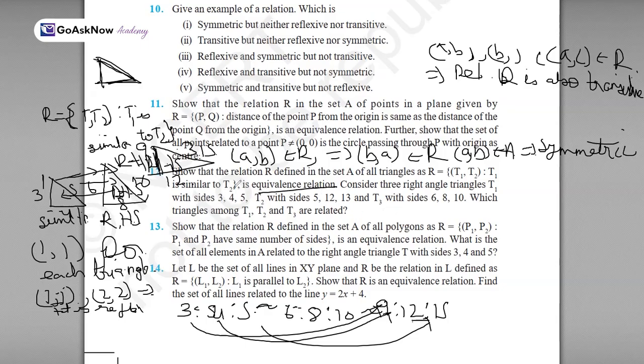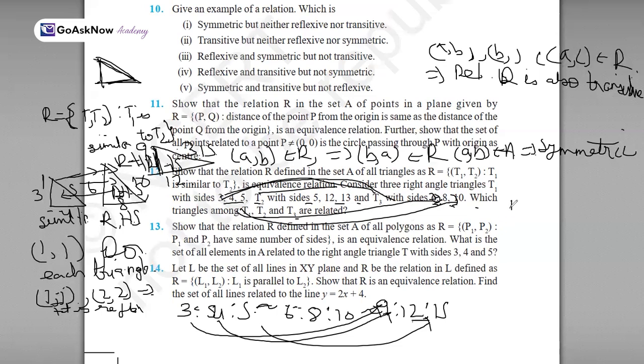In the second part, it says to consider three triangles, that is 3, 4, 5; 5, 12, 13; and 6, 8, 10. Which triangles among them are related? So it is obvious that T1 is related to T3 only, and T2 is another type of right triangle, because 3 is multiplied by 2 giving 6, 4 is multiplied by 2 producing 8, and 5 is multiplied by 2 producing 10, meaning all three sides are multiplied by a factor of 2.